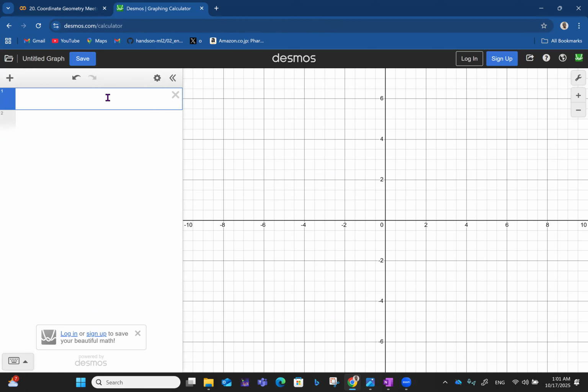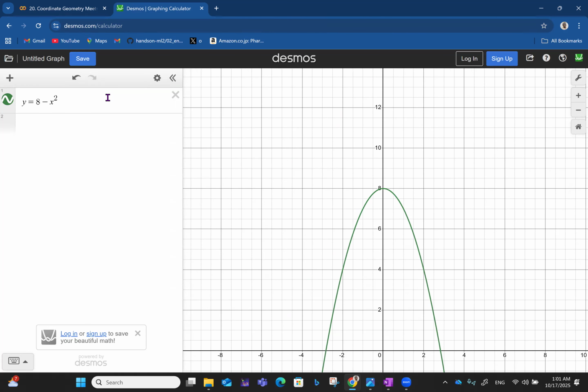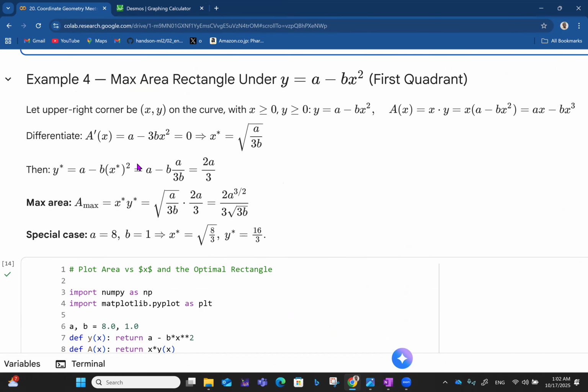So imagine that we have y is equal to 8 minus x raised to power 2, like this. So with this now, I want to get the optimal values of x star and y star. So that's root 8 over 3 and 16 over 3.